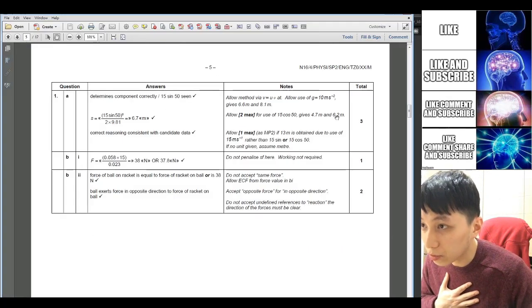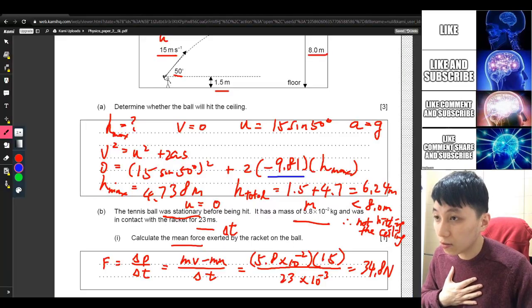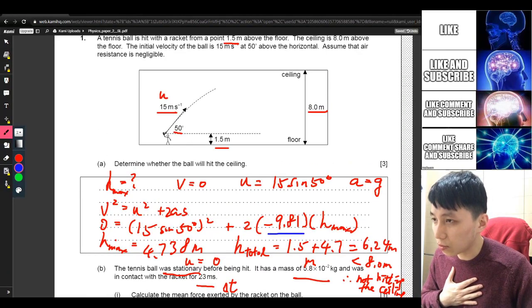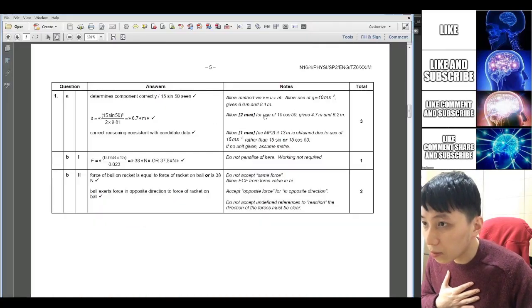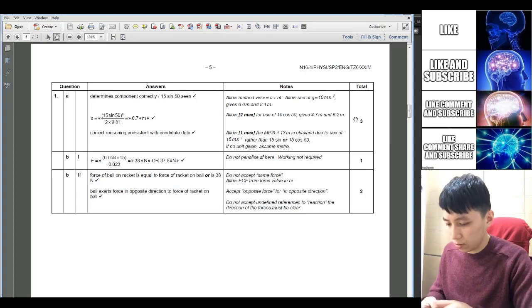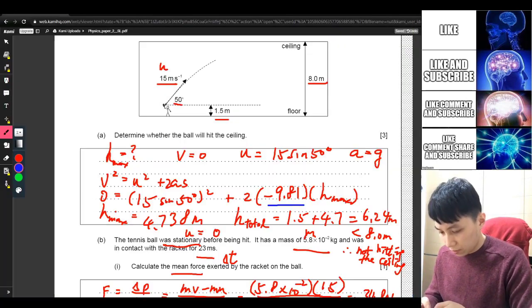Yeah, 6.2. Wait, cosine? I used cosine? Sine? Wait. 15 cosine. Wait, did I press it wrong? Sine 50 times 15 squared plus 2 answer divide 2 divide 9.81.